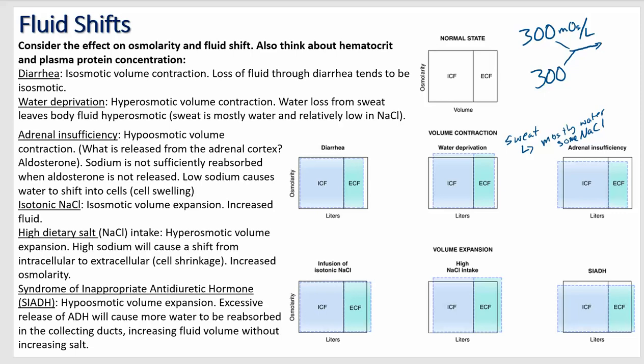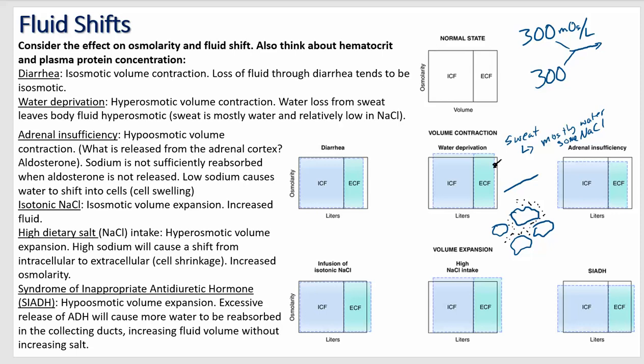This is what you need to understand: if these are cells, and you have an increase in salt that's left behind because water is going away, that means our salt concentration, extracellular, is increasing. It's a fluid contraction. You're losing fluid, so our extracellular fluid is going down.